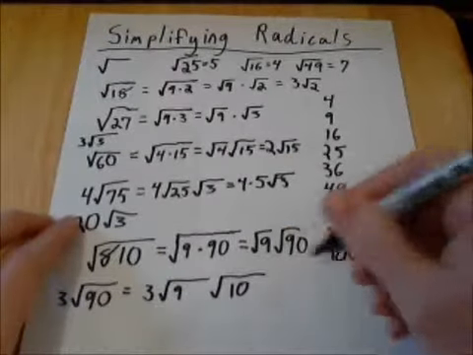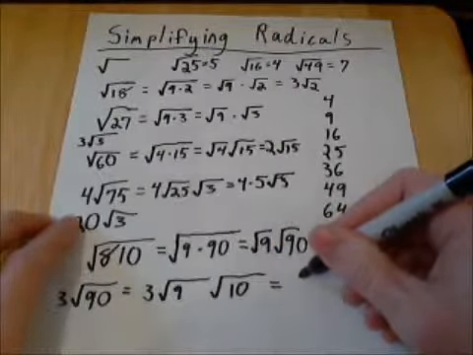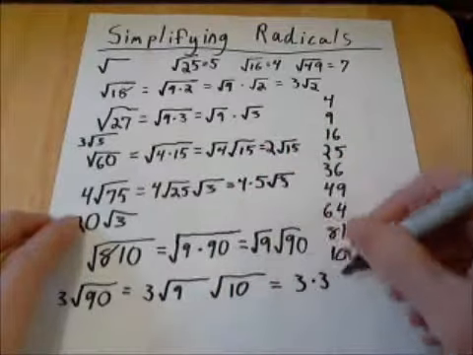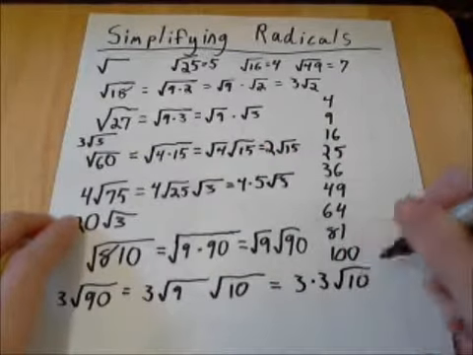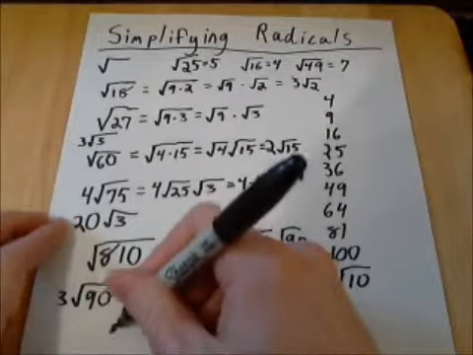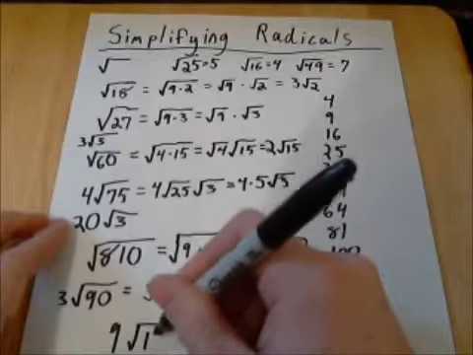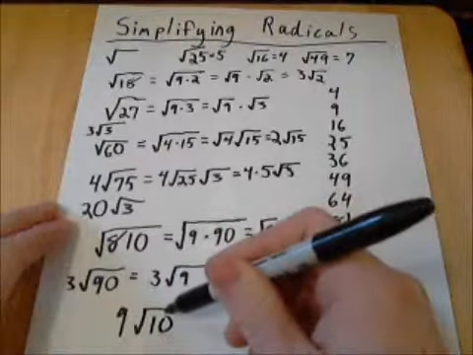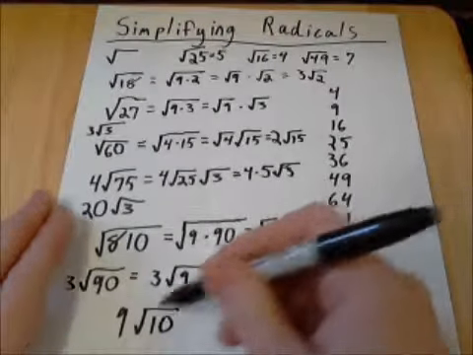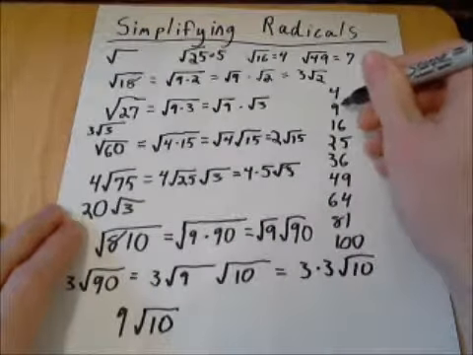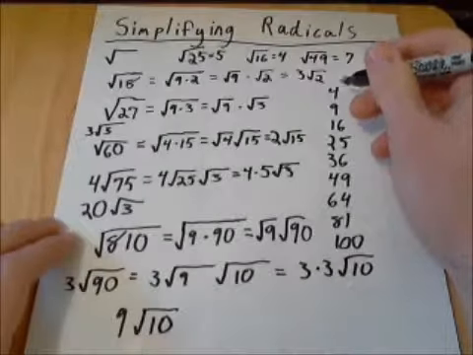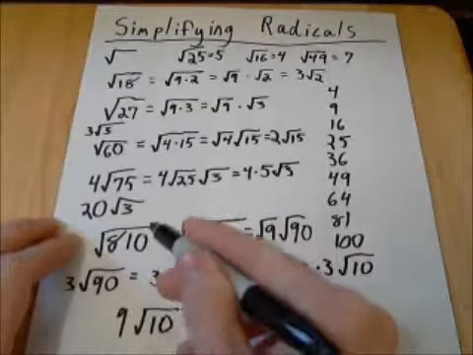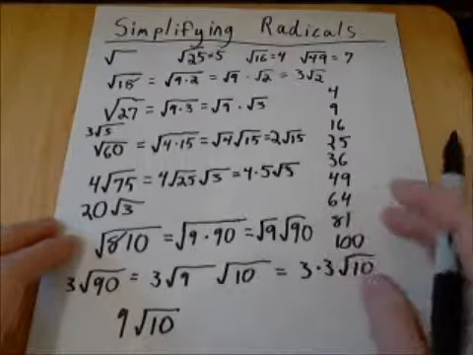Now we just simplify further: 3 times 3, which is the square root of 9, times the square root of 10. 3 times 3 gives 9, and we have our square root of 10. Now again, ask yourself, are you done? Can we break down the square root of 10 any further? 9's not going to go into it, and 4 doesn't either. So this is the simplified form of the square root of 810. So that's how you simplify radicals.